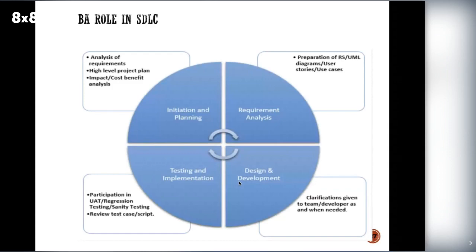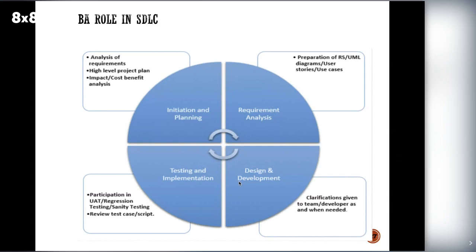So as a BA, you need to understand that. During the software development life cycle, the BA also clarifies requirements and design with the team and with the developers when it's needed. And last but not least, as I mentioned earlier, they participate in the UAT, user acceptance testing.